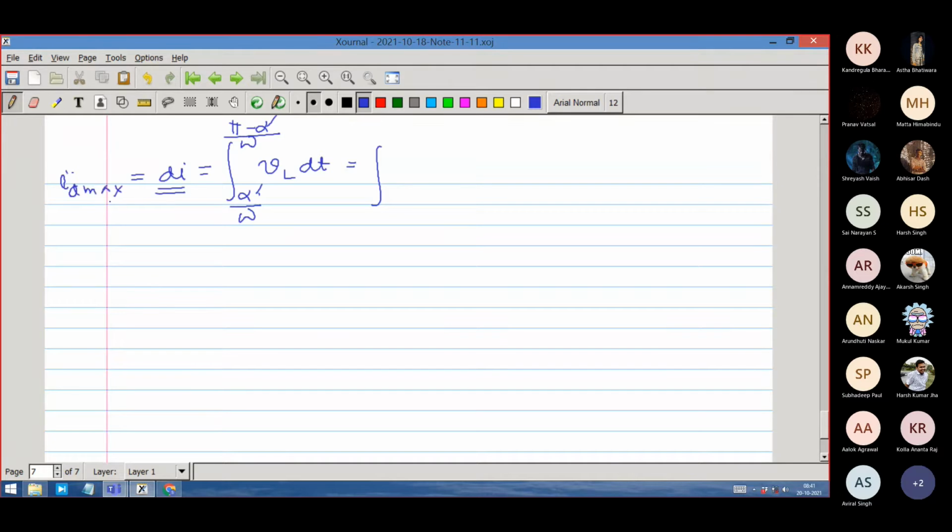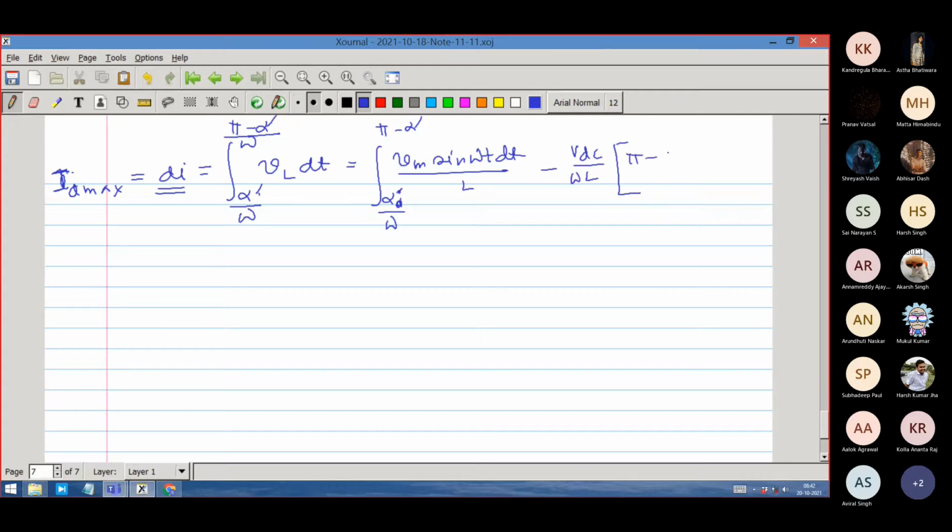I_T max, that is the thing. Let me put capital I_D max. So that is di, that is integration. So alpha dash by omega to pi minus alpha dash by omega, Vm sine omega t dt by L, minus integration V_DC by L dt, and duration wise this omega I will bring here.